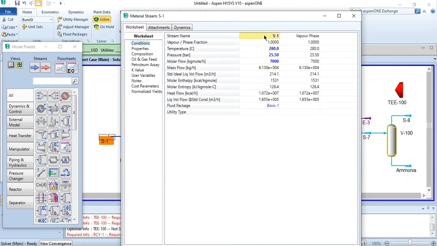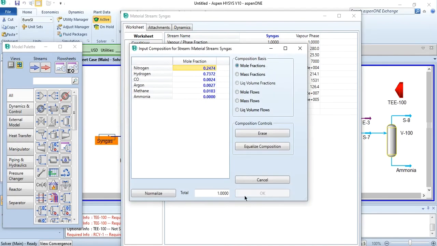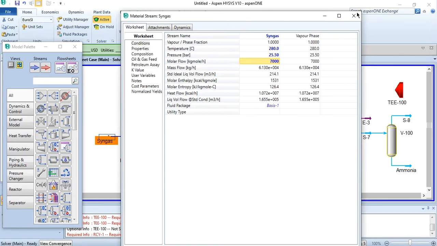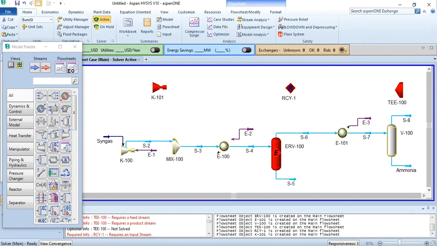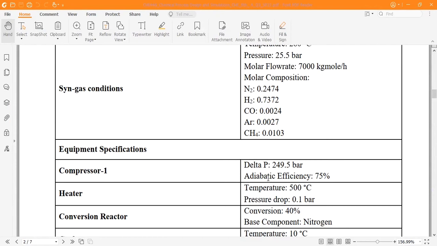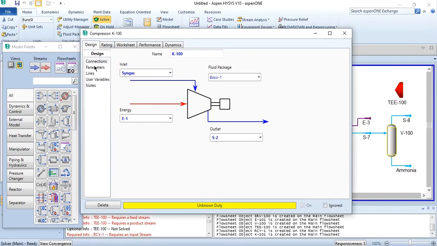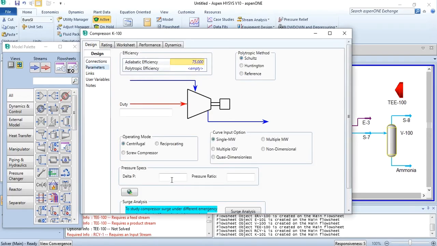I can name it syngas, 280 degrees centigrade, 25.5 bar, 7000 kgmole per hour, and the mole fractions are given over here. Then what are the specifications of compressor K1? The delta P is 249.5 bar and the adiabatic efficiency is 75%. If you look at the compressor and go to the parameters, you can specify this delta P here.